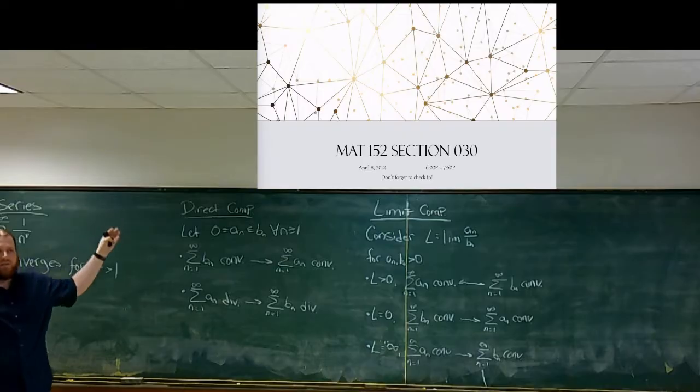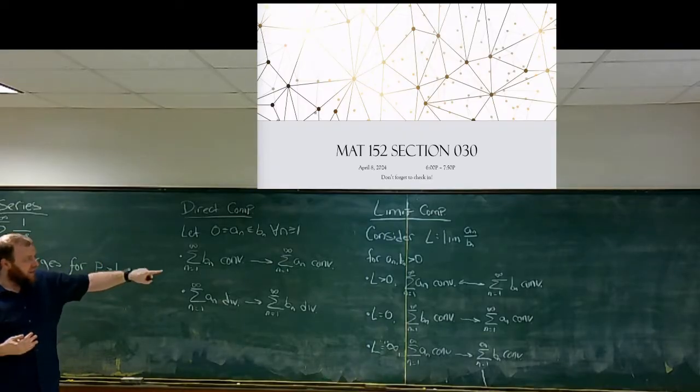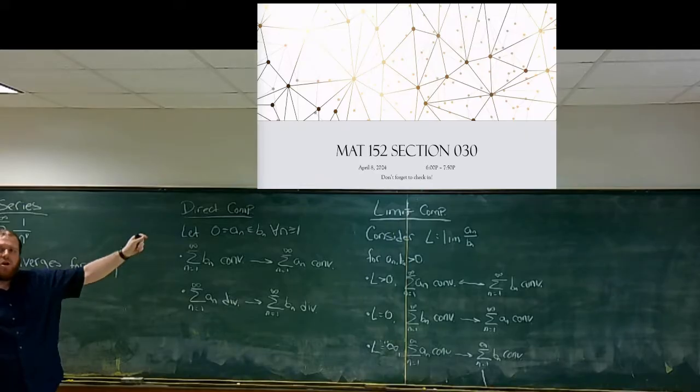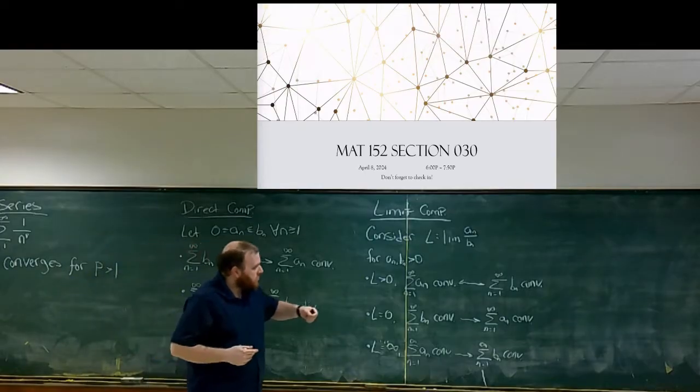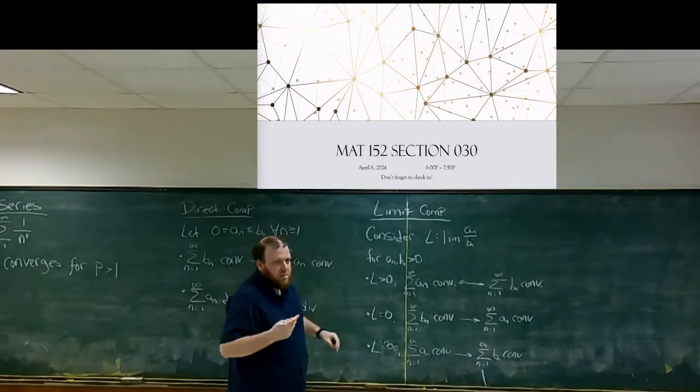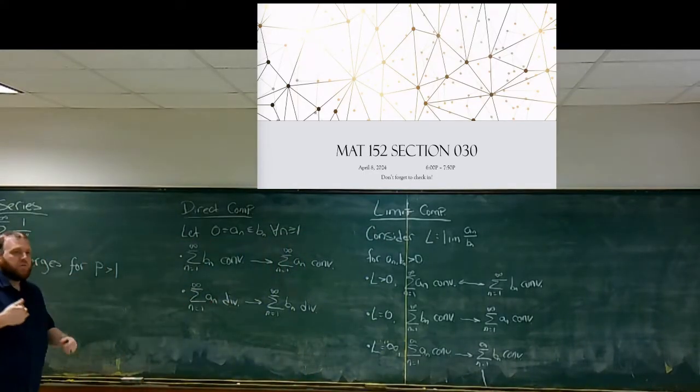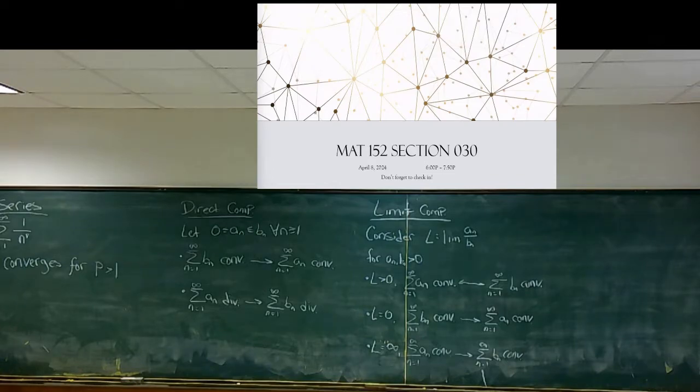We just find a new series, try to get the limit to be finite and greater than 0, and we're done. Because then the two series do the same thing. They can both converge or both diverge.